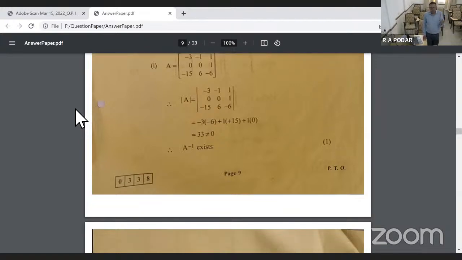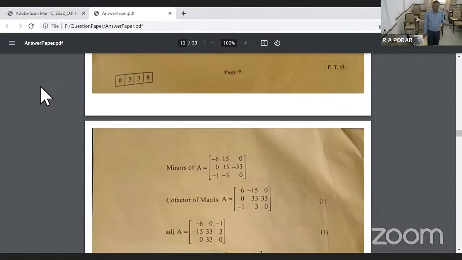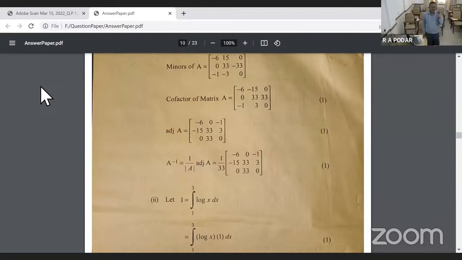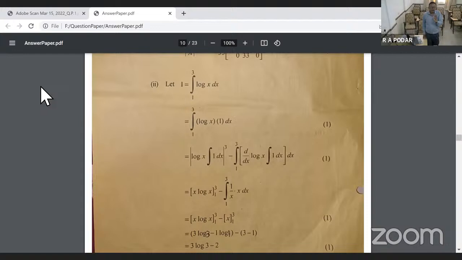If it is not equal to 0, that is a non-singular matrix. So A inverse exists. If A inverse exists, then we go for the adjoint method. So they told you to find this adjoint. Directly they have given the solution. First you have to find the minor matrix, then the cofactor matrix, then the adjoint you get by transpose, and for A inverse the formula you know is 1 upon determinant of A into adjoint of A. So you get this final answer. So final answer 1 mark.